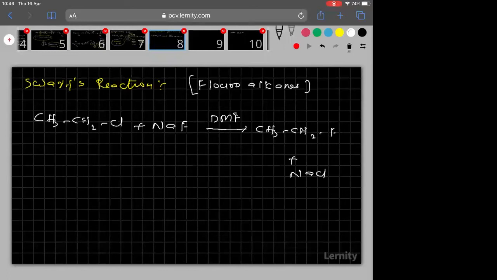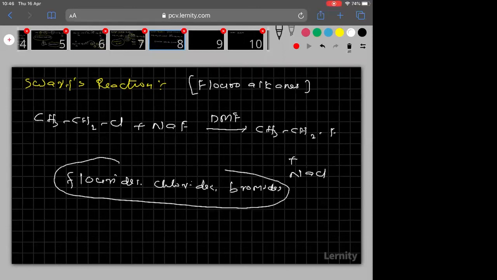And here one important point to be discussed is that fluorides, chlorides and bromides, only these three are soluble in DMF, dimethyl formamide. Iodides are not soluble here. Why? A reason is there.